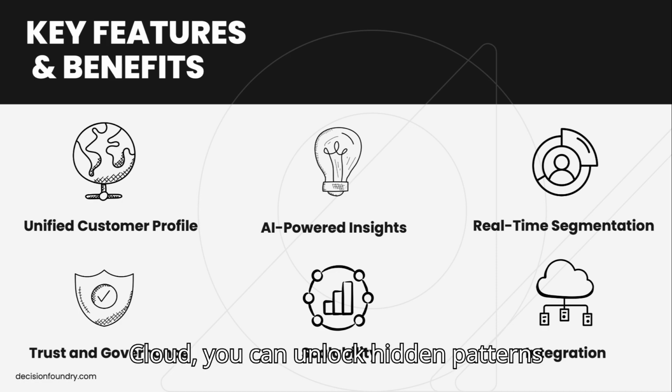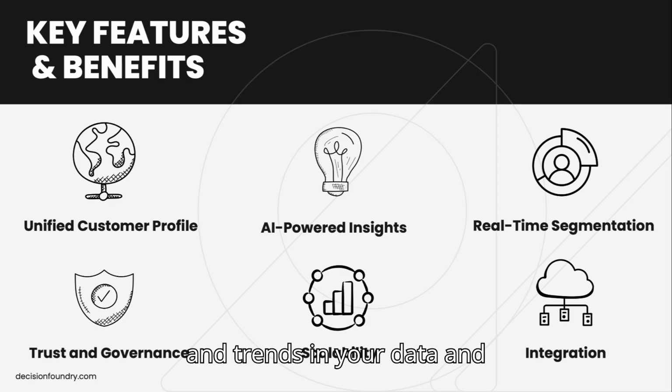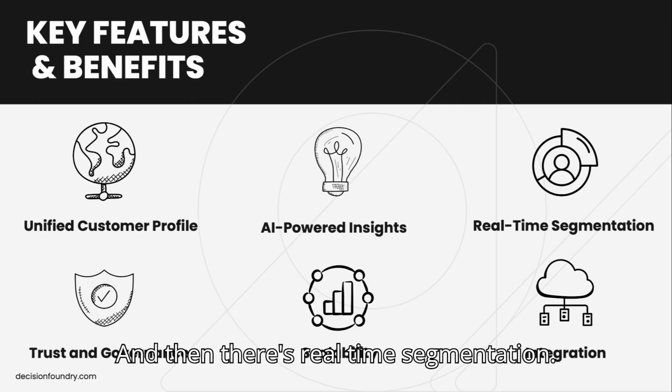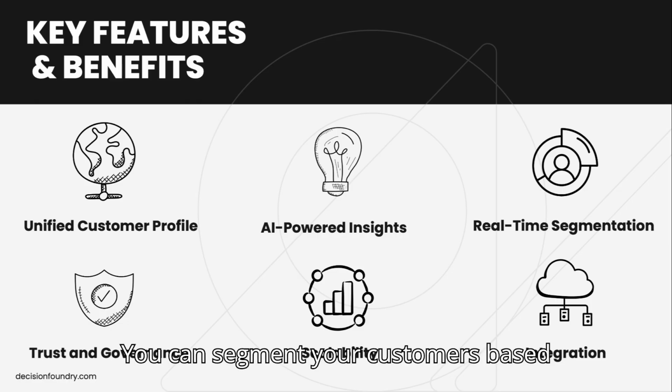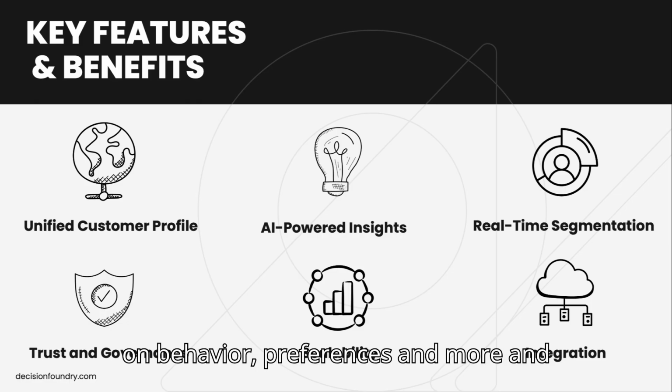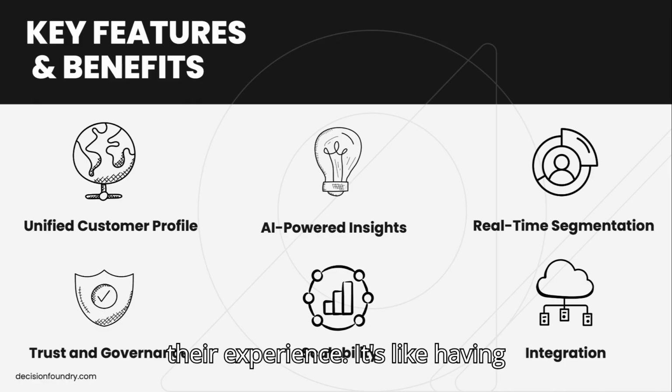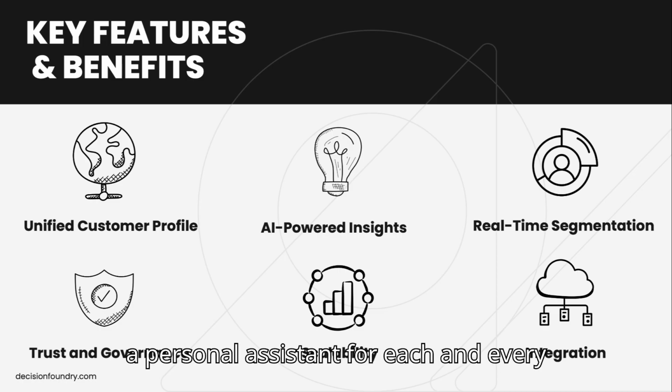With Data Cloud, you can unlock hidden patterns and trends in your data and make decisions that drive real results. And then there's real-time segmentation. You can segment your customers based on behavior, preferences, and more, and trigger automated actions to enhance their experience. It's like having a personal assistant for each and every customer.